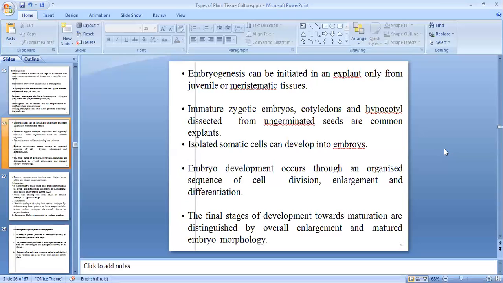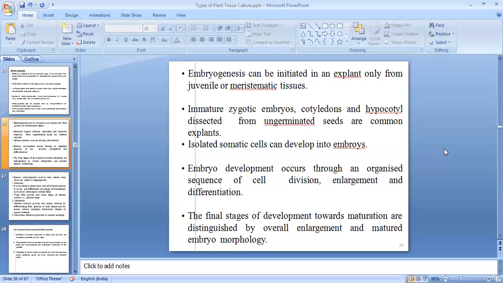These are all the common zygotic explants, or embryogenesis can be initiated from the cotyledons or hypocotyl dissected from ungerminated seeds, or sometimes from the immature zygotic embryos. Isolated somatic cells can also develop into an embryo sometimes.